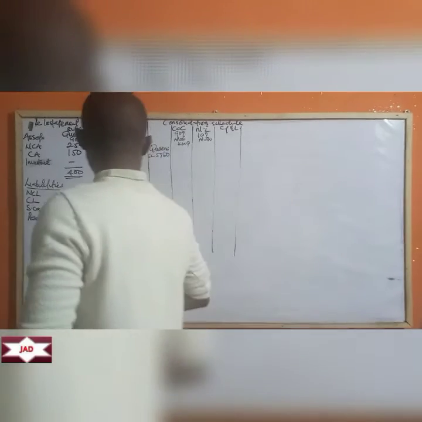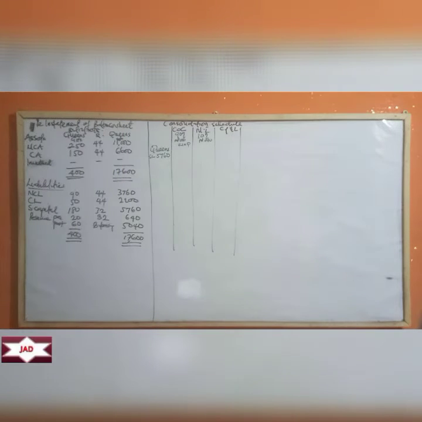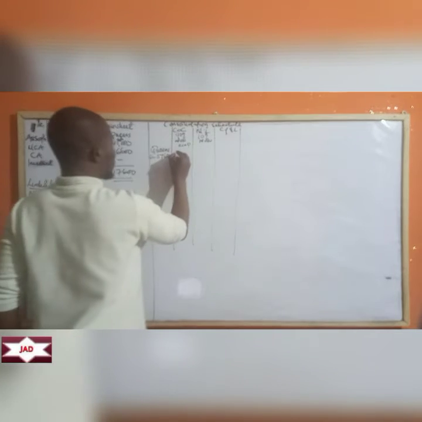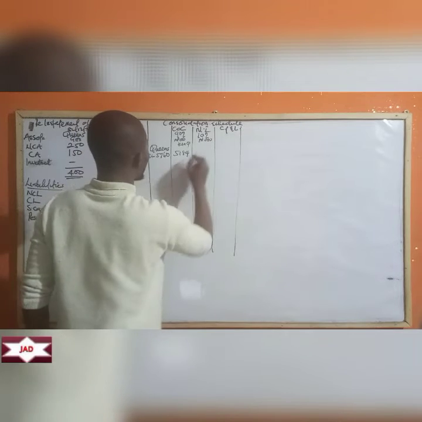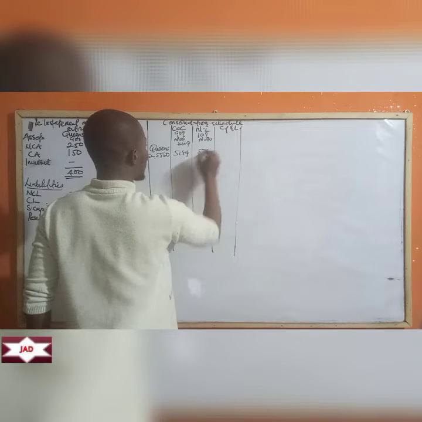So we have 90% to Kings, which is 5,184. And 10%, I think it's 576.